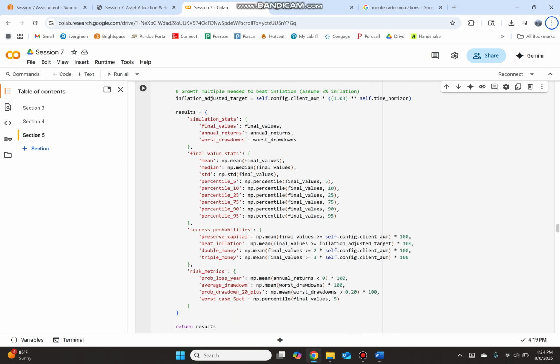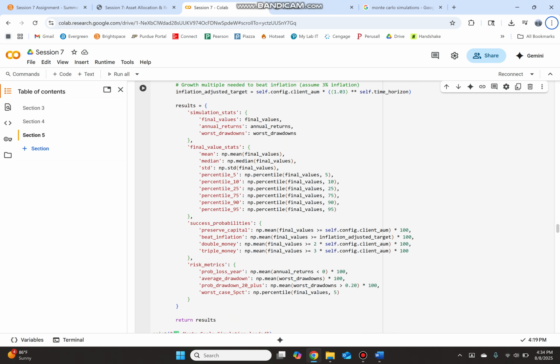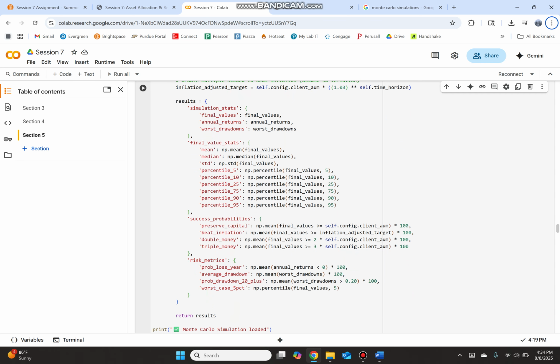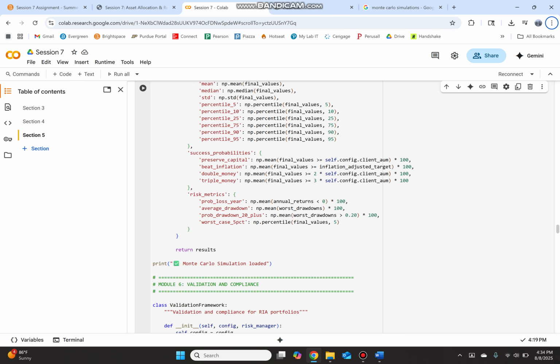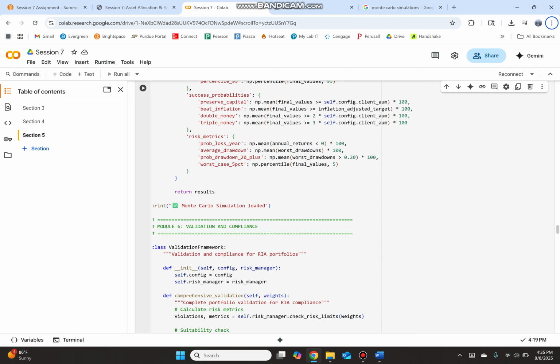So here we have the chance that we preserve our capital, the chance that we beat inflation of 2.5%, the chance we double our money, which you'll see over a 20-year time horizon is actually possible, and tripling, which is a lot less. And then our risk metrics of probability of loss each year, our average drawdown per year, and our worst case scenario, which is basically our value at risk of 95%. So we'll talk about that when we run the actual code.